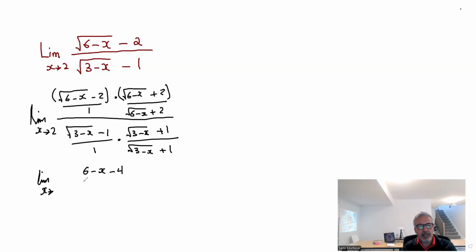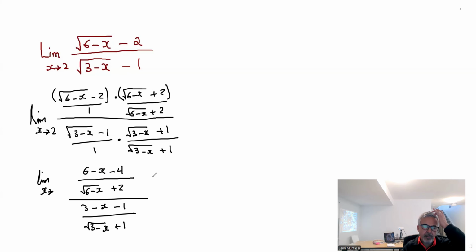That's this times this. On the bottom, that's the conjugate, which is √(6 - x) + 2, all over. And the same thing here, we're going to get 3 - x - 1 all over √(3 - x) + 1, which is that bottom right there.